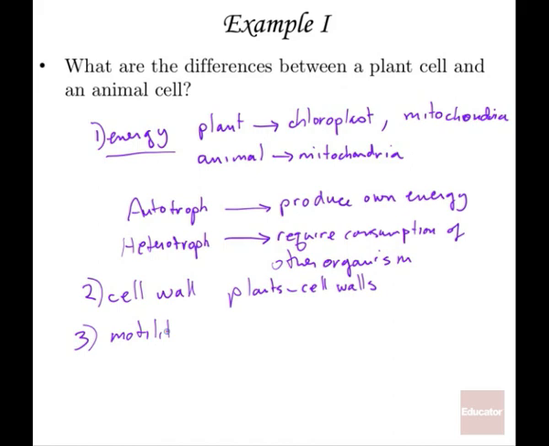Plants are relatively stationary, but I'll put a little asterisk here because some plants move. So the algae, of course, can be stationary, but it can also move. And then animals, of course, move. But potentially they can be stationary as well.